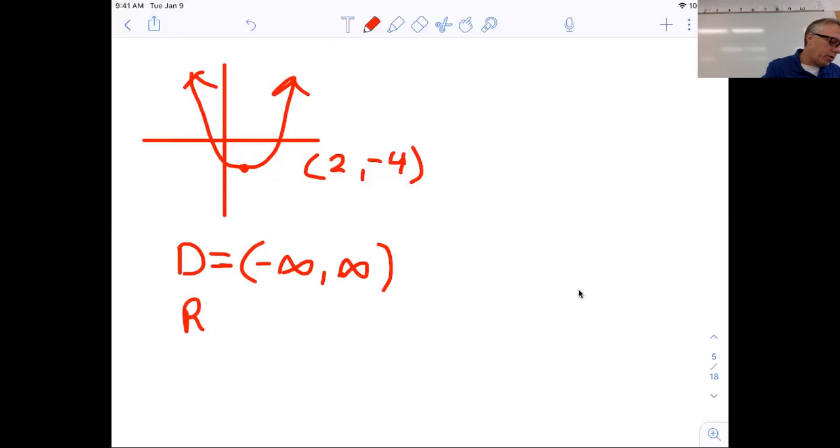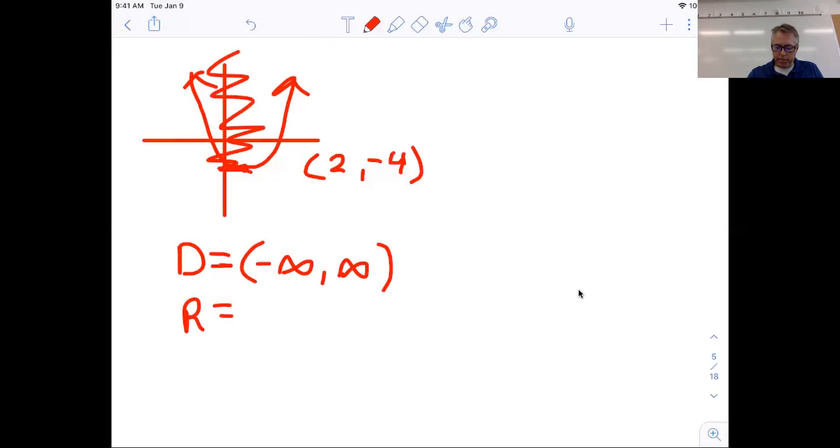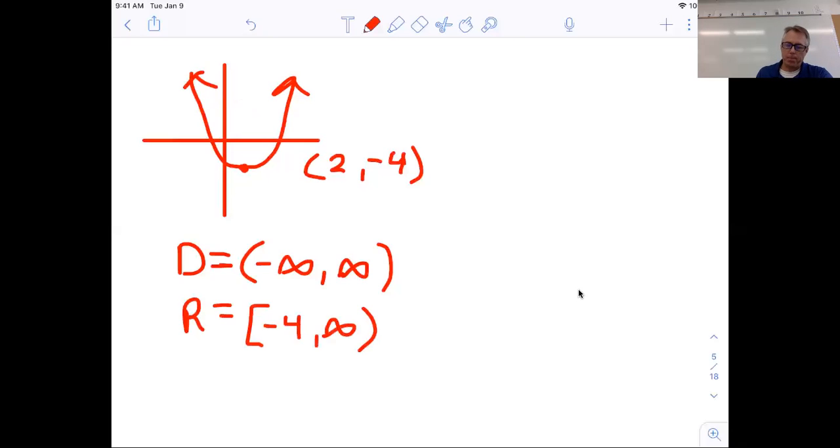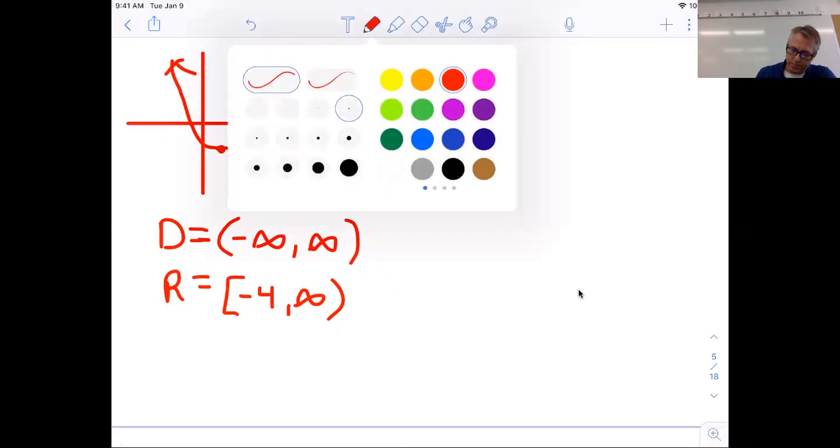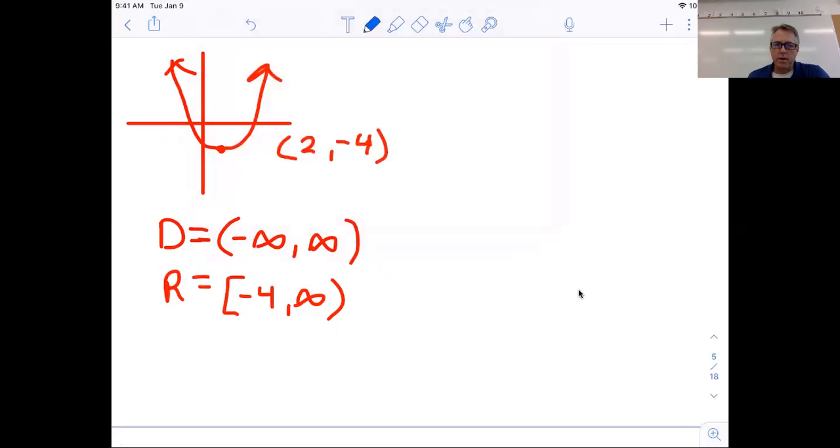Now for the range, if I squished everything to the y-axis, everything from here up is going to be covered, but nothing down here. So I got to think, what is that minimum value? I could look at the vertex of the parabola, and I know that the minimum value is -4. So our range is everything inclusive of -4 to infinity. All right, any questions yet?